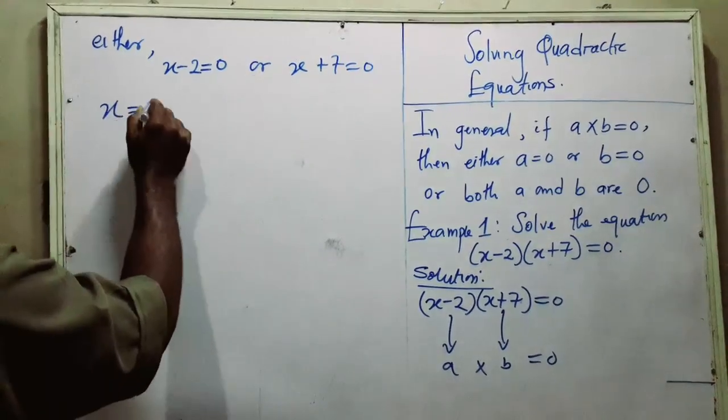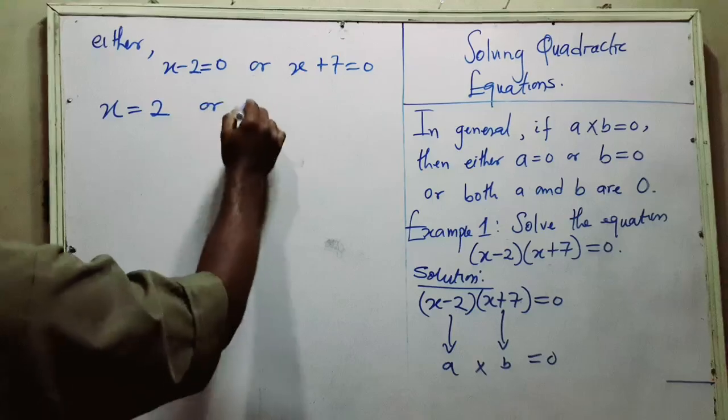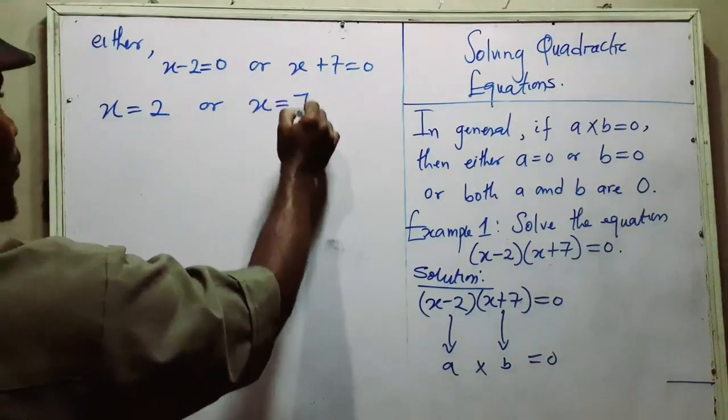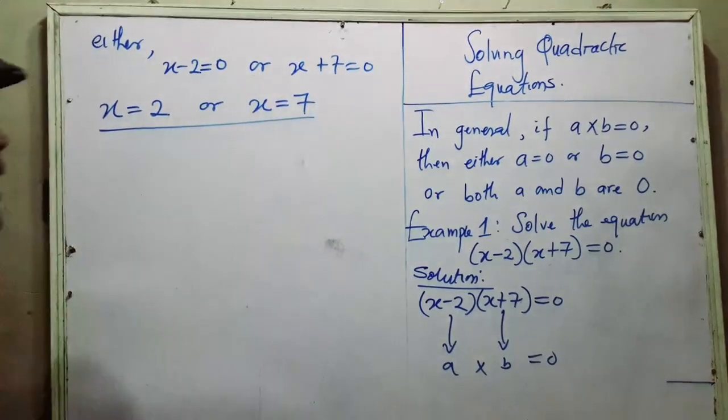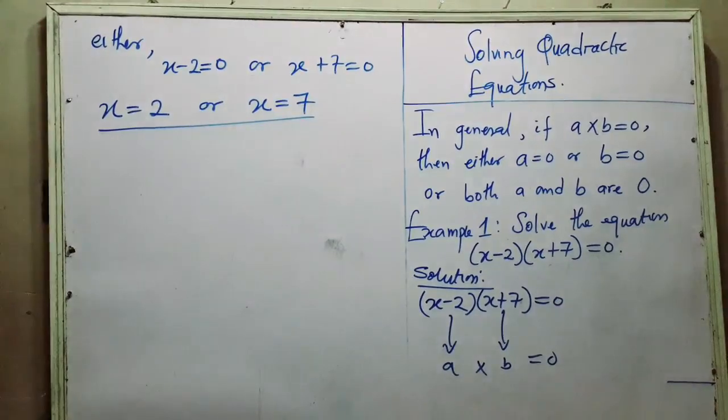So x is equal to 2, or x is equal to minus 7. This is how to solve a quadratic equation, and this is the first method.